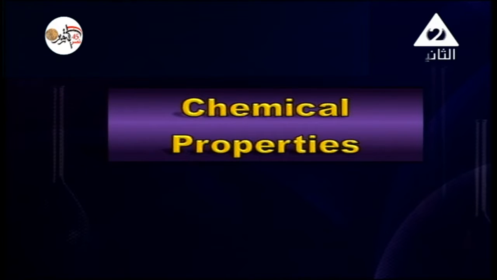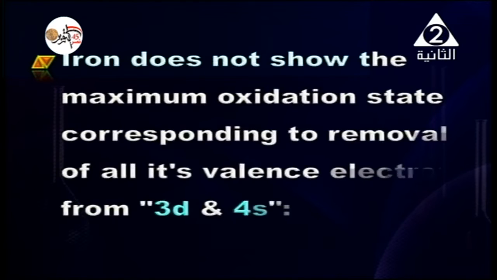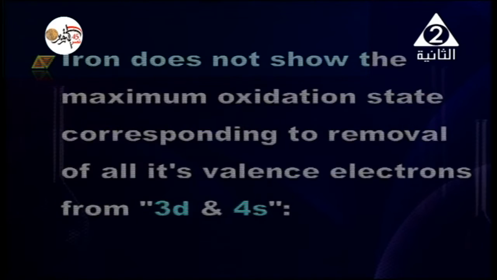The chemical properties of iron. Iron doesn't show the maximum oxidation state, corresponding to removal of all its valence electrons from the 3d and 4s sublevels.